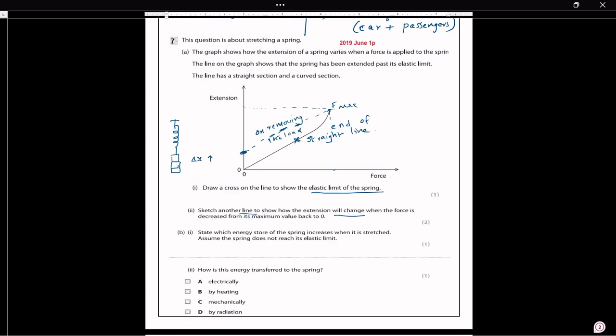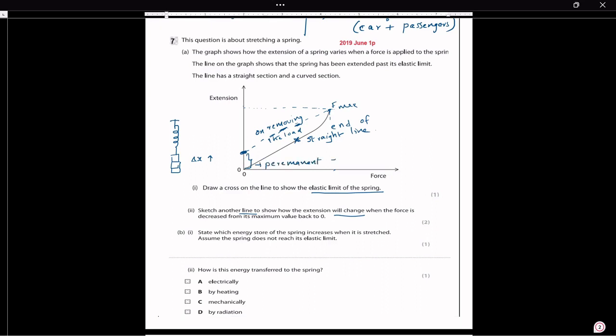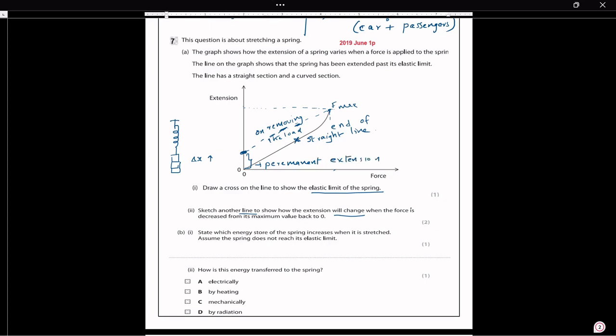And now you can see that on removing the load completely, it will not regain its initial state. There is a permanent extension produced. So this part we can call the permanent extension. This is a permanent extension produced.